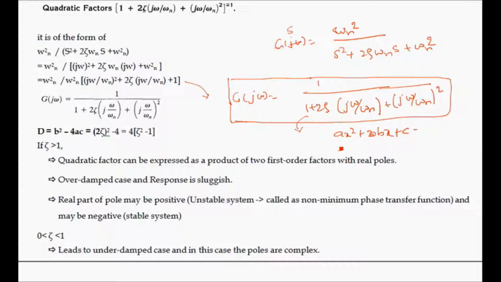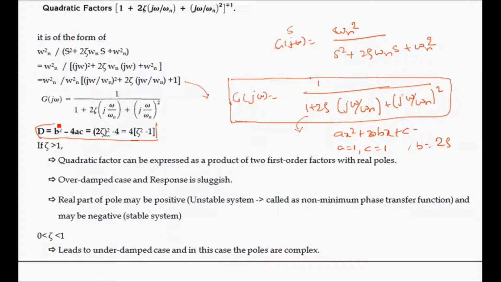If I put these values in the discriminant, we get 4 zeta square minus 4, which is 4 times zeta square minus 1. So this is our value of the discriminant.